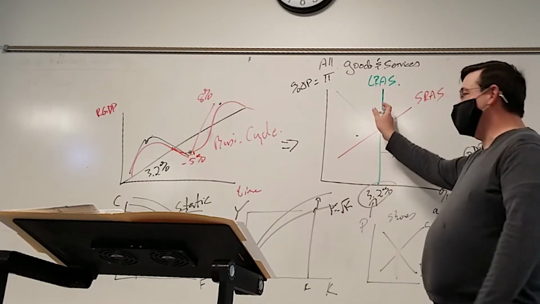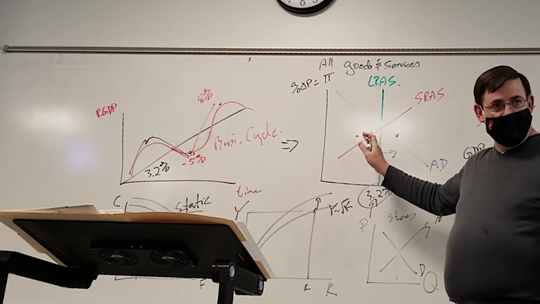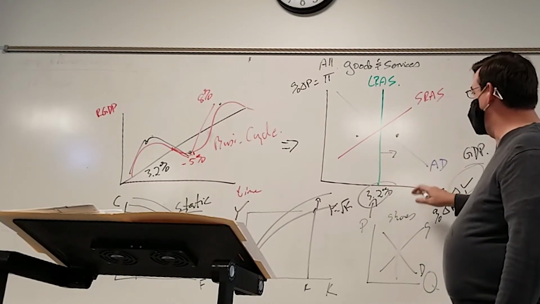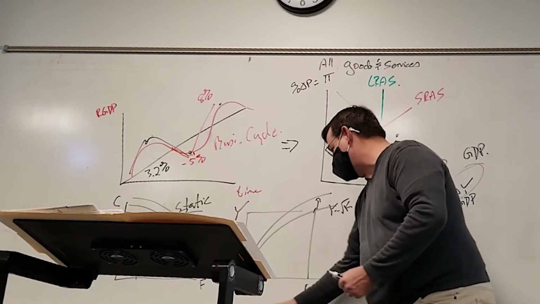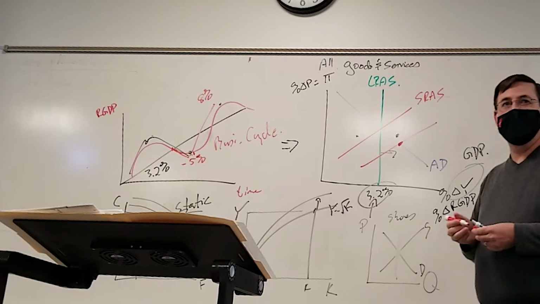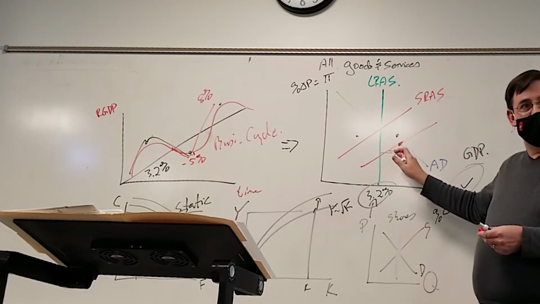That means that this green line is home. That's our goal. The short-run aggregate supply curve and the aggregate demand curve can intersect elsewhere. They can intersect over here, for example. And these two will be in equilibrium with one another.